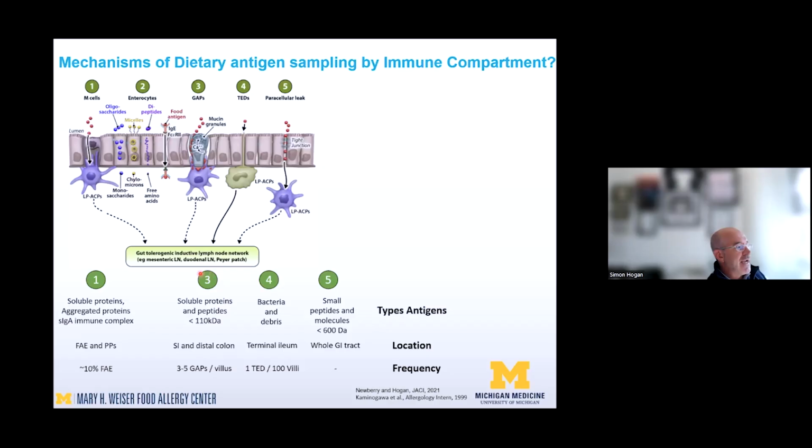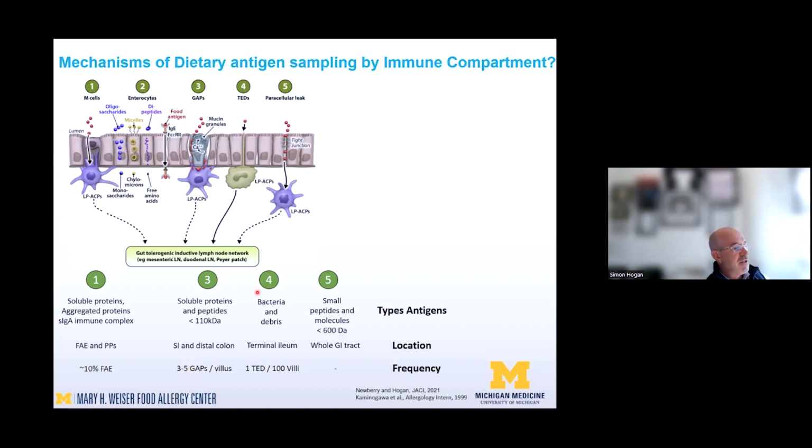If you look at goblet cell antigen passages, which I described, these pass soluble proteins and peptides of lower than 100 kilodaltons. They're present in the small intestine and distal colon, and they're spatially and temporally regulated. There are probably about 3 to 5 gaps per villus, showing the frequency of these antigen passages is quite high, and they're distributed throughout the gastrointestinal tract.